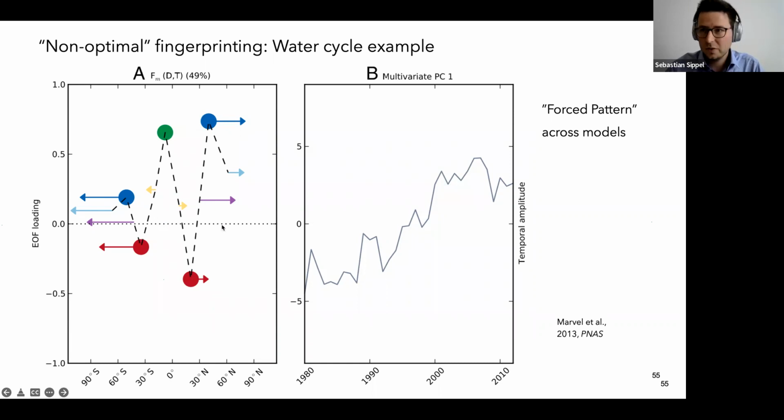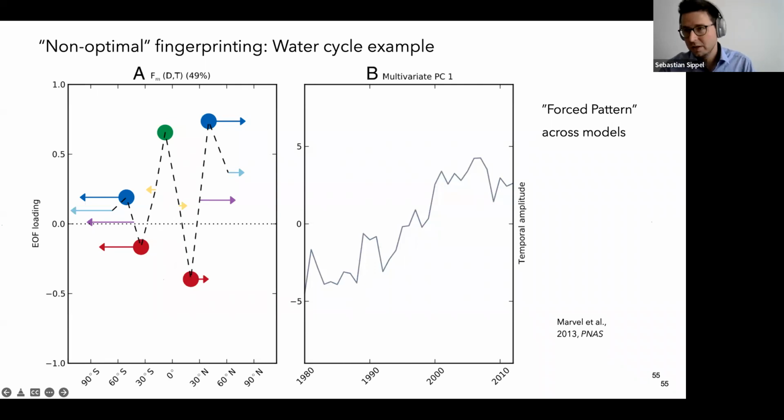And if she now projects the historical simulations of the model, those that contain internal variability, onto this fingerprint of change, she again sees an increasing trend slope. Meaning that the models have a positive association with this EOF pattern, or fingerprint, you can call it fingerprint.